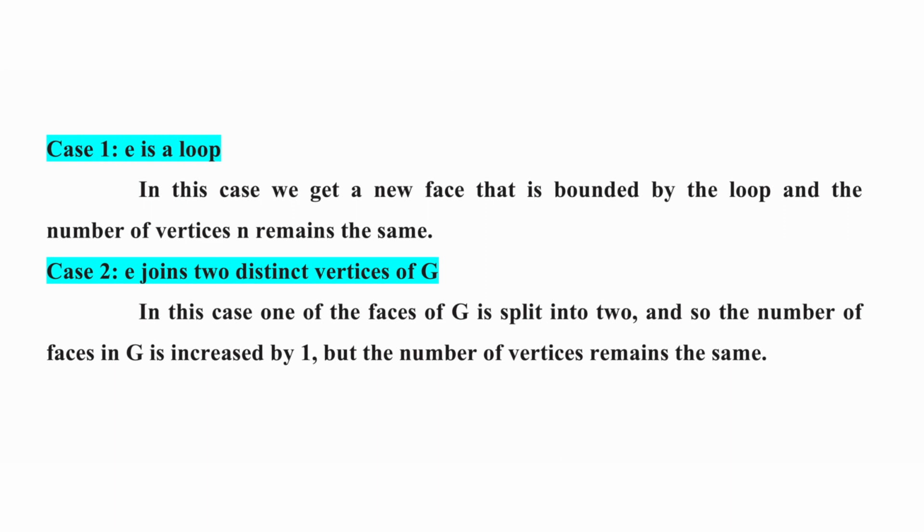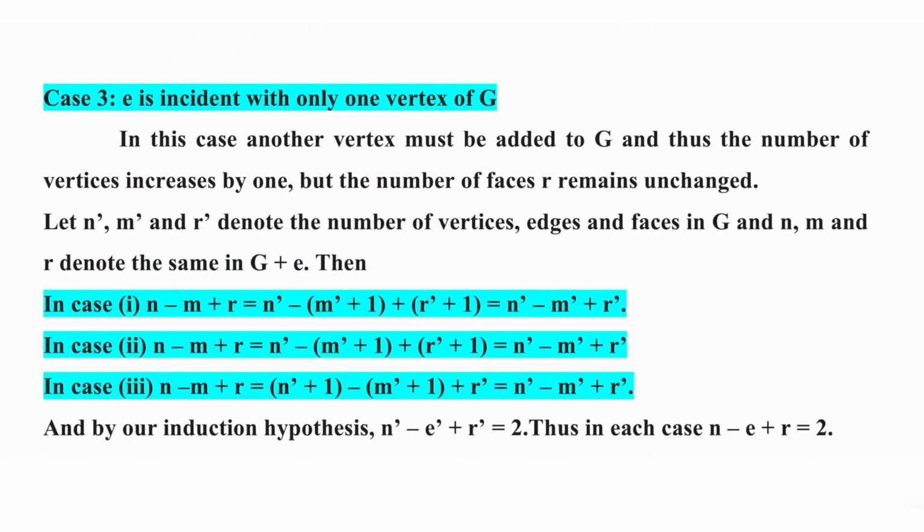The next case is e joins 2 distinct vertices of G. In this case, one of the faces of G is split into 2, and so the number of faces is increased by 1, but the number of vertices remains the same. The third case is e is incident with only one vertex of G. In this case, another vertex must be added to G and thus the number of vertices increases by 1, but the number of faces r remains unchanged.